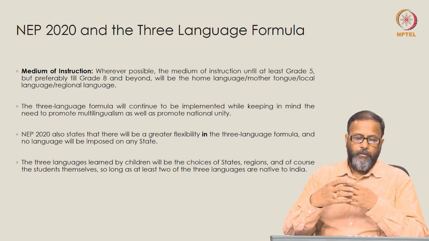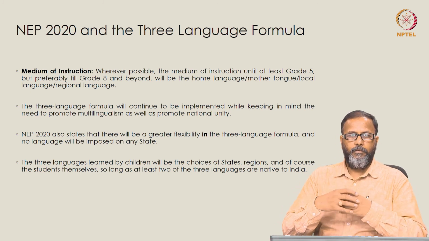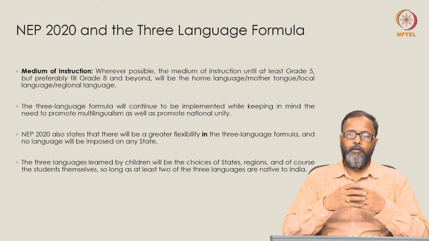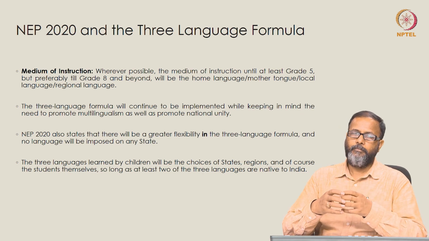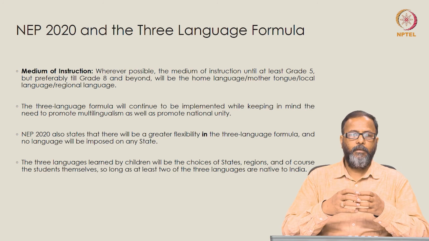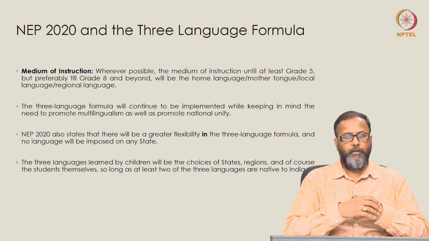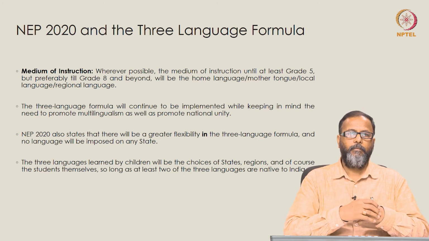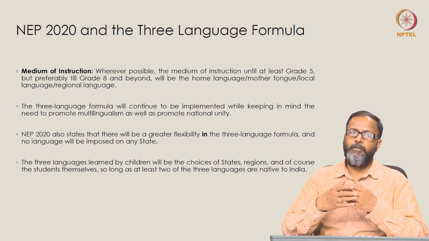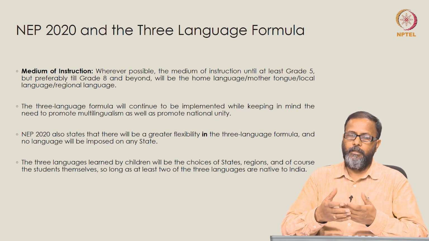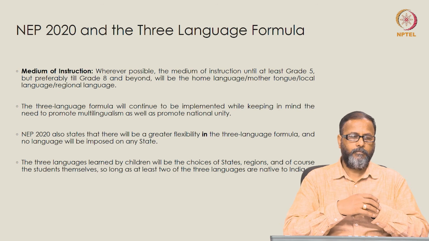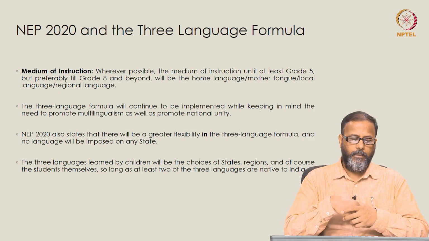So that will be the medium of instruction. It advocates medium of instruction to be in the home language or mother tongue or the regional language until class 5, and it desires to continue up to standard 8, class 8, and then it becomes optional.